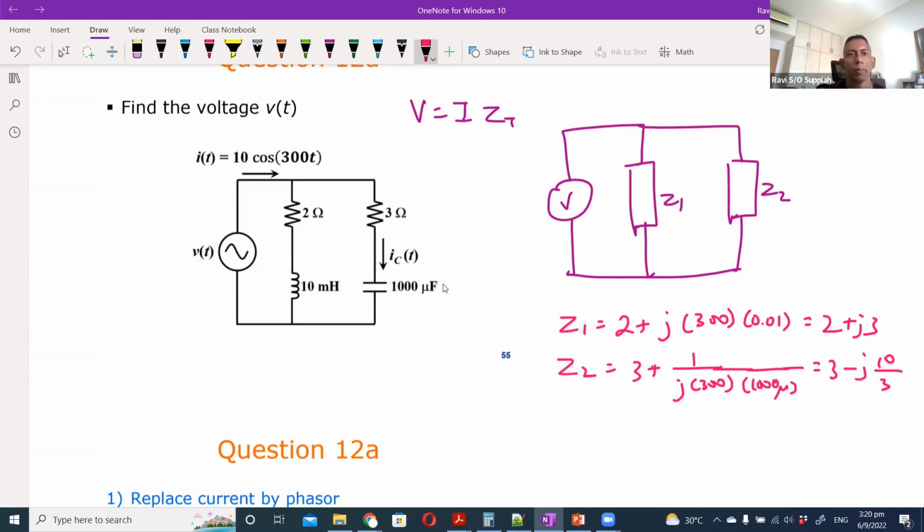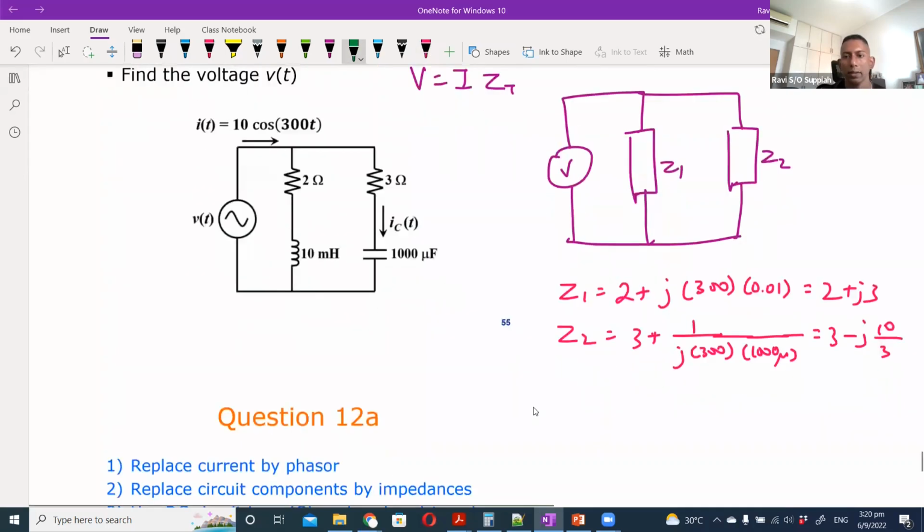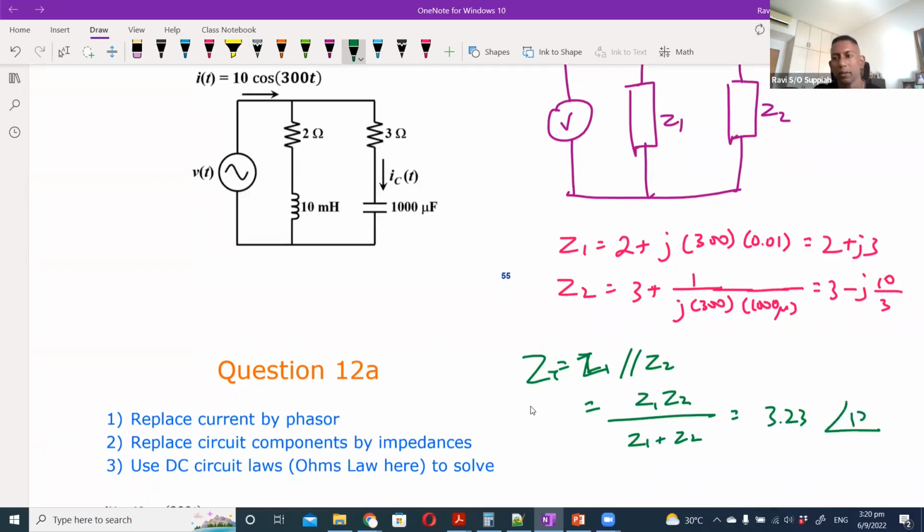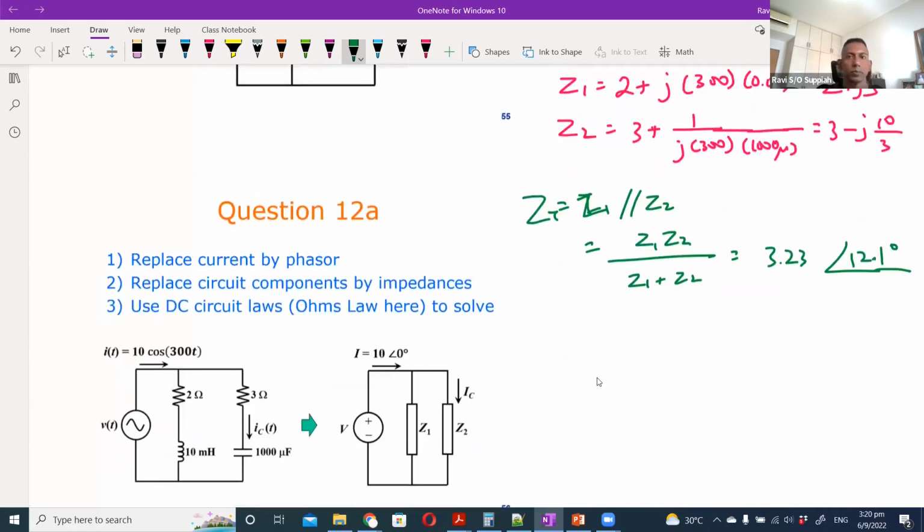Since they are both parallel, you can use the parallel formula. So the total Z is Z1 parallel with Z2, the same way as with resistors. That will give me 3.23 angle 12.1 degrees, and with that you can calculate your V.